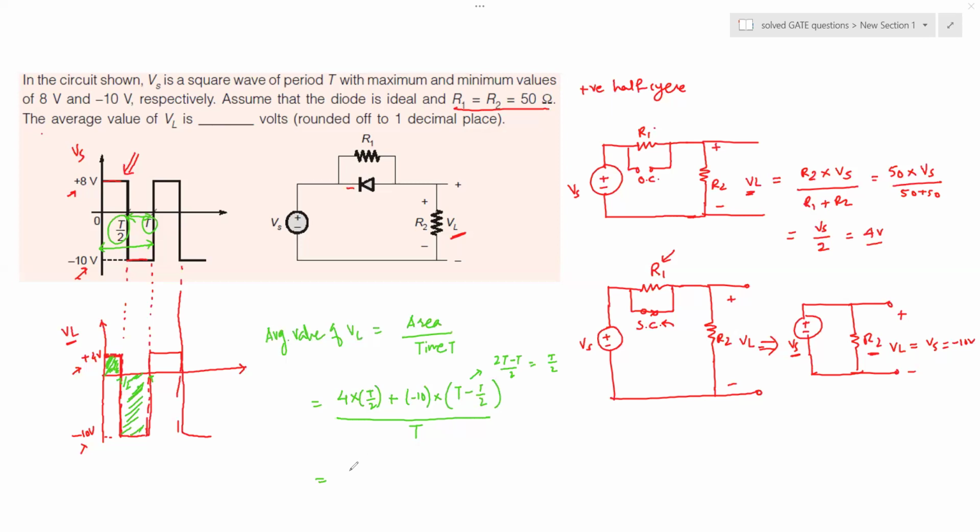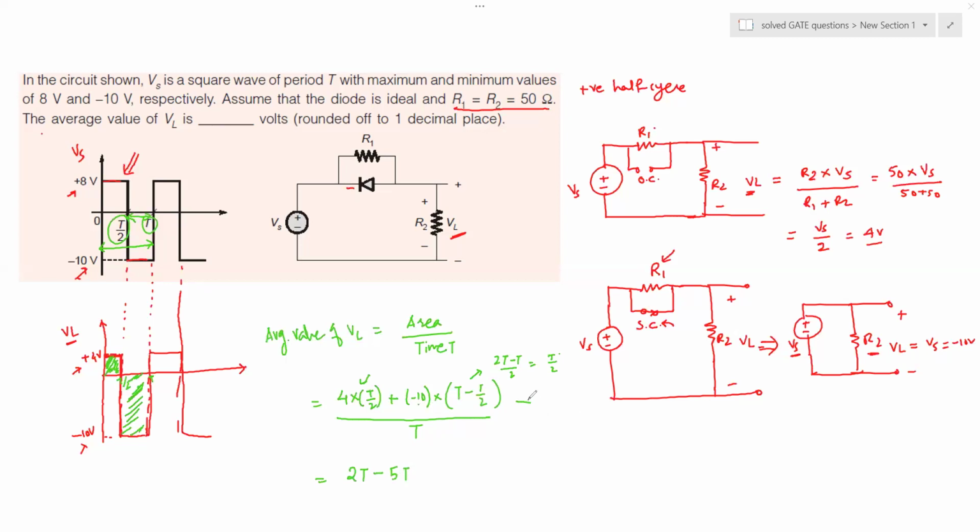And this would be then 4T by 2, that is 2T. And here it would be minus 10 into T by 2. So it would be plus 5... no, not the plus, but it would be minus actually. Minus 5T, right?